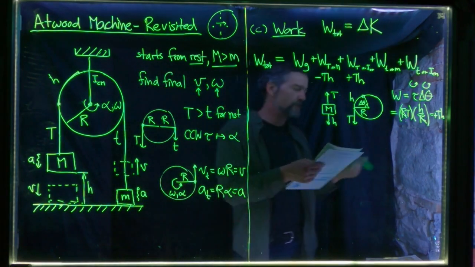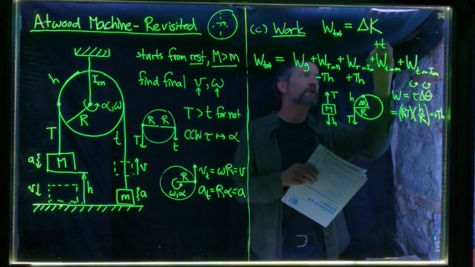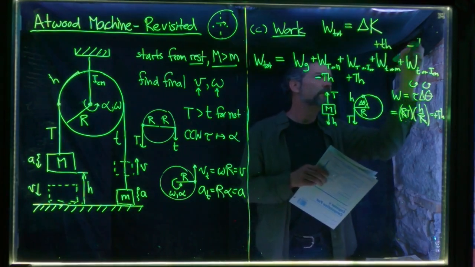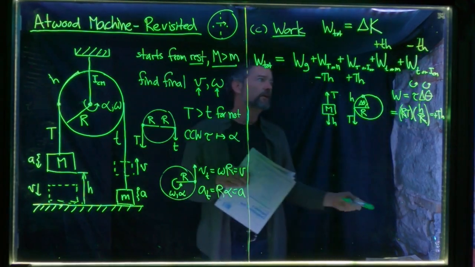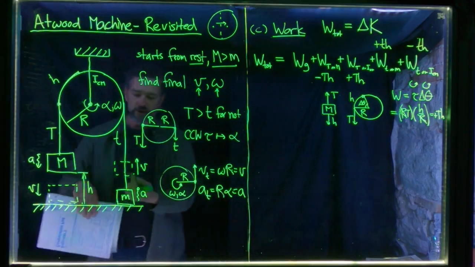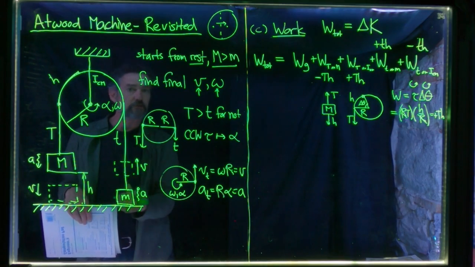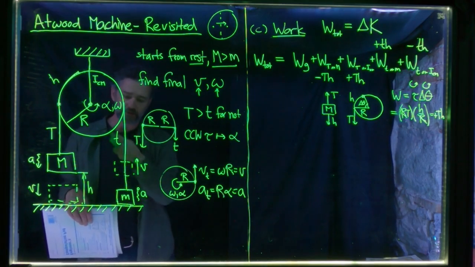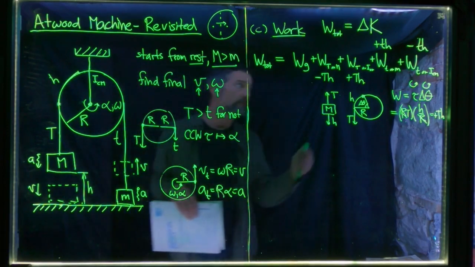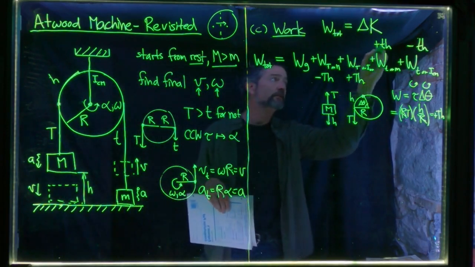That turns out to be a positive little th and a negative little th. The work done by little t on little m: the force is in that direction and the displacement is in that direction. So the dot product of force and displacement is positive, and it's of magnitude little t times the height h that it moves up through. That's positive little th.